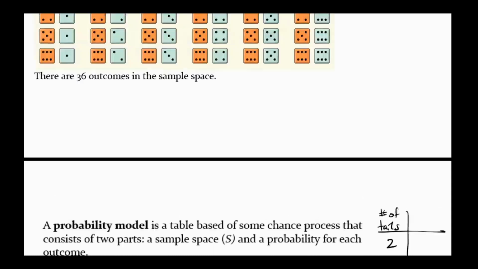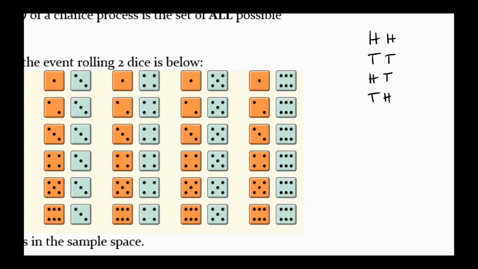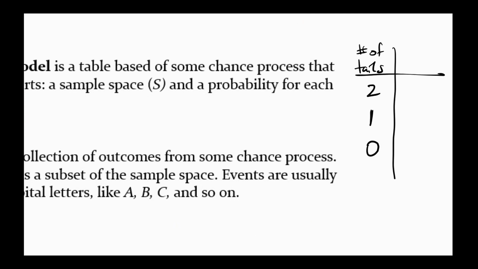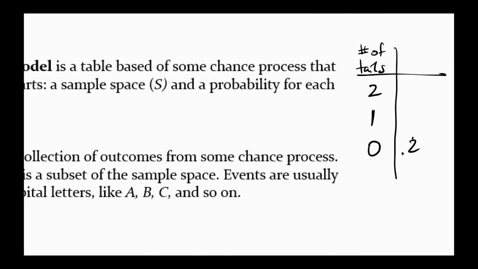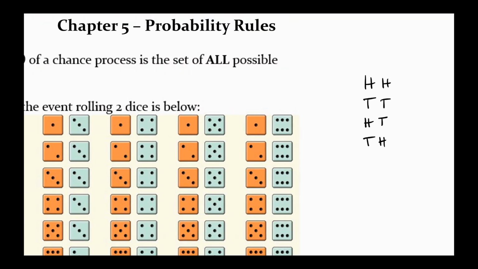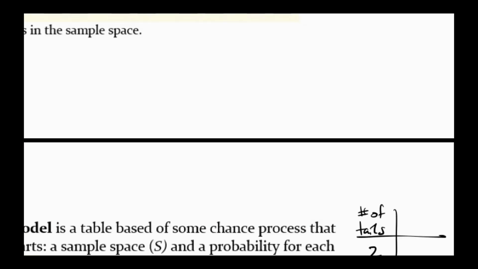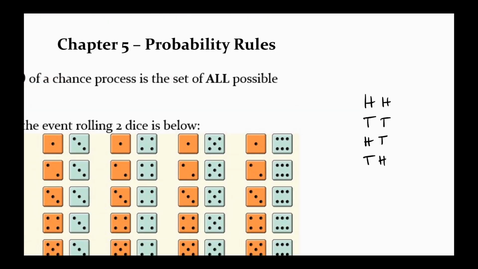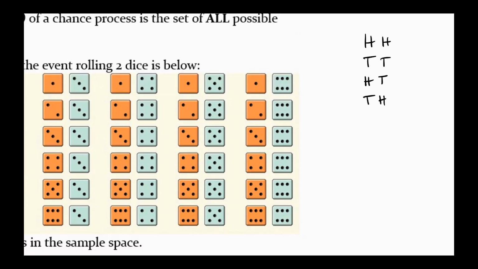Looking at this picture here, what's the probability that I get no tails? 1/4, right? Yeah, let's use that as first decimal. What's the probability I get 2 tails? Same. So this is the probability of tails. What's the probability I get 1 tail?